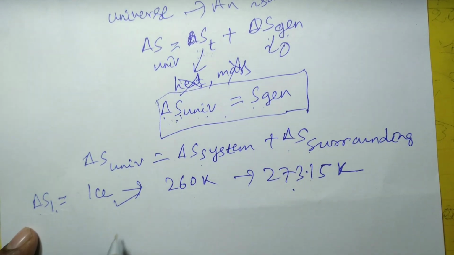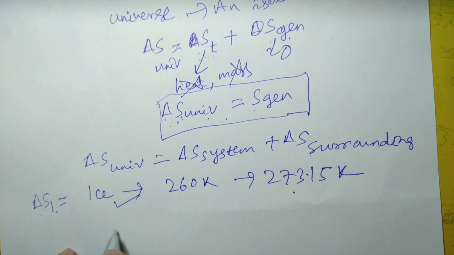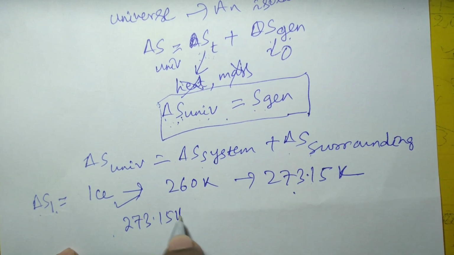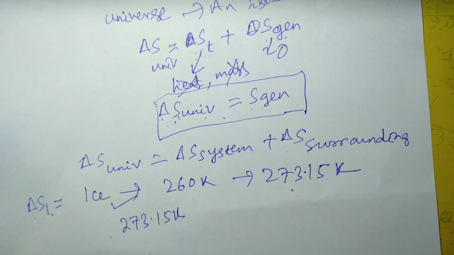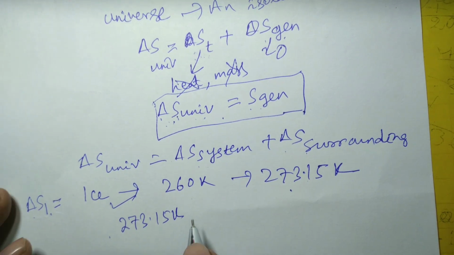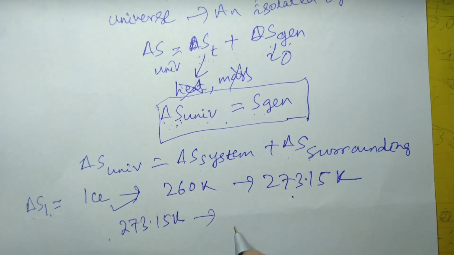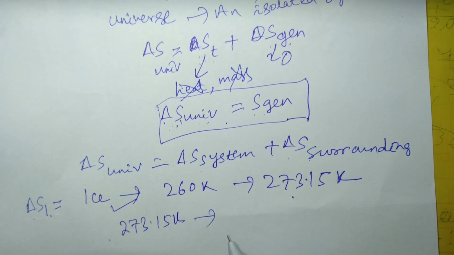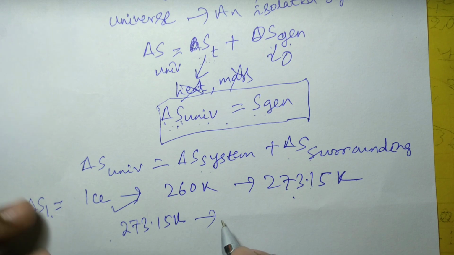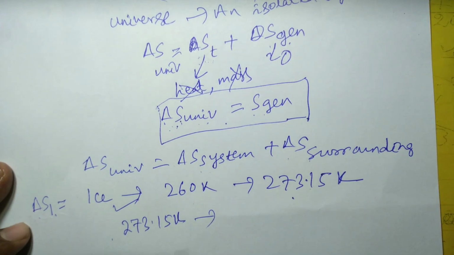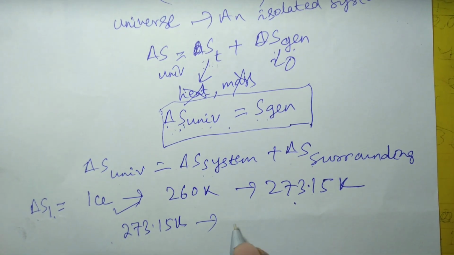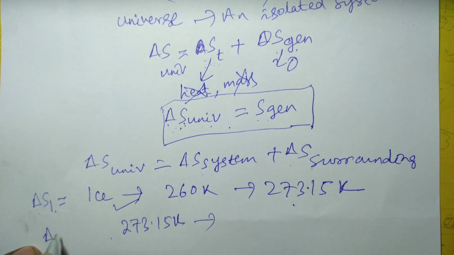And in the second stage, ice melts at a constant temperature of 273.15 Kelvin, and during that process the state change takes place and ice is converted to liquid water, by absorbing latent heat of fusion. Since no change in temperature takes place during this stage, that heat is called latent heat. So this will be the second stage.